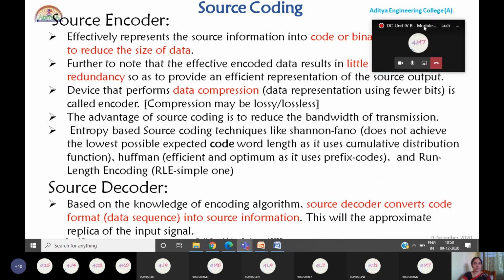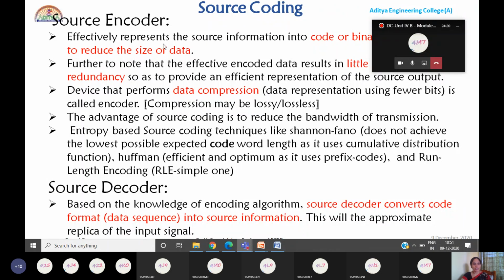Another one is the decoder technique. This encoder technique is used in the transmitter section, prior to the channel encoder. The main difference between channel encoder and source encoder, I specified in the first chapter also.